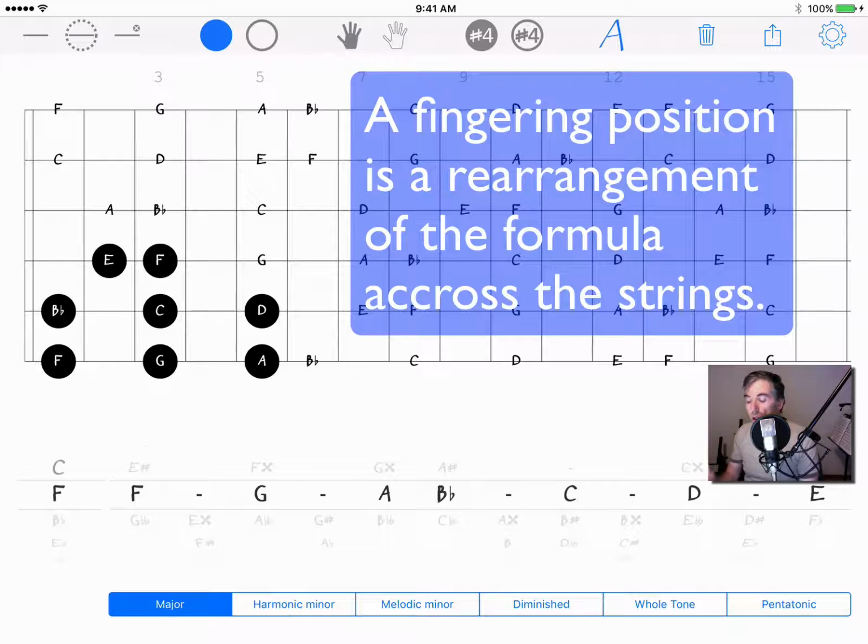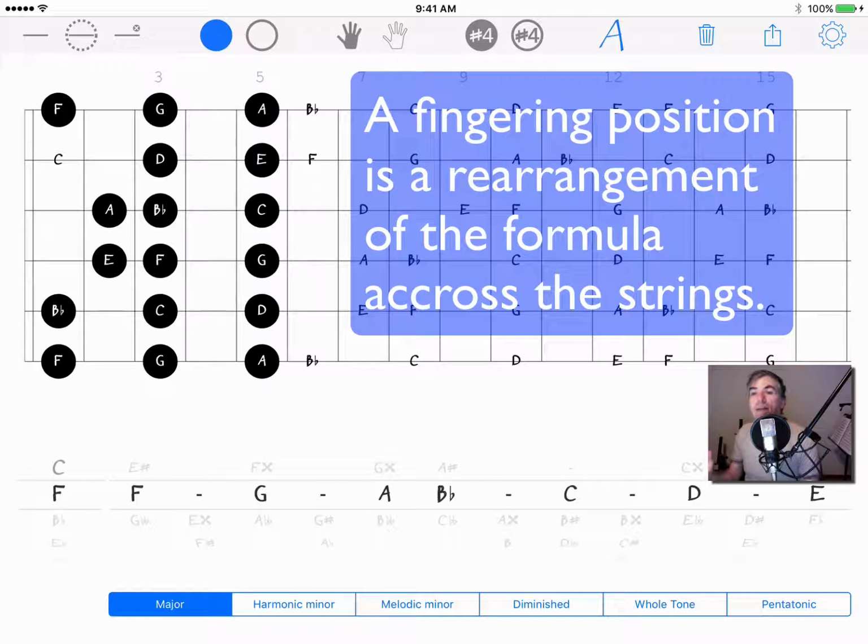There you go. So all these positions are just a rearranging of the scale degrees of the formula, so that we can fit it in a chunk, a small area of the guitar neck, so we don't have to keep playing all the way up and all the way down on one string.